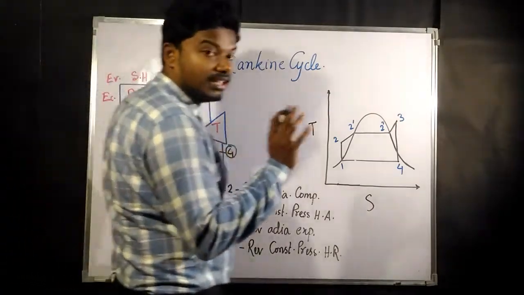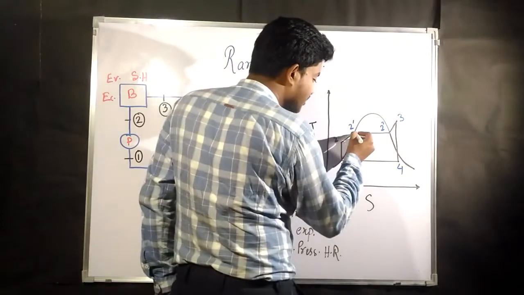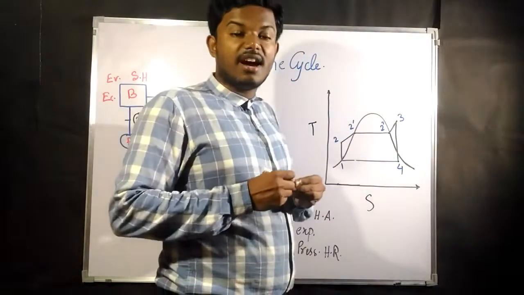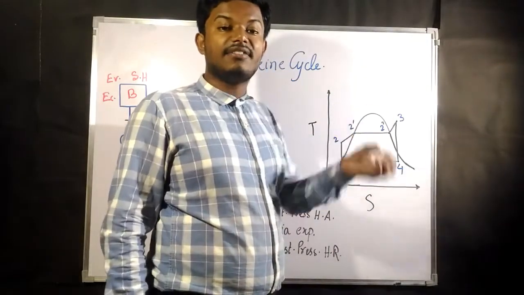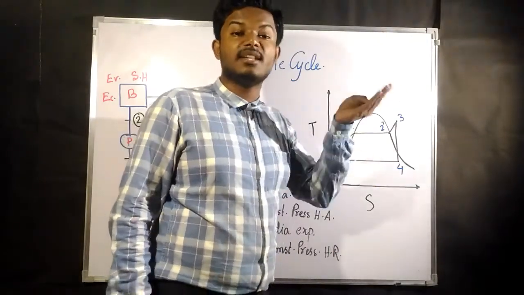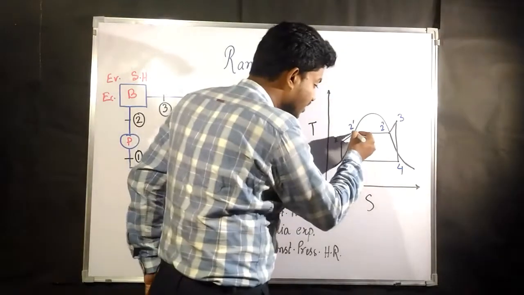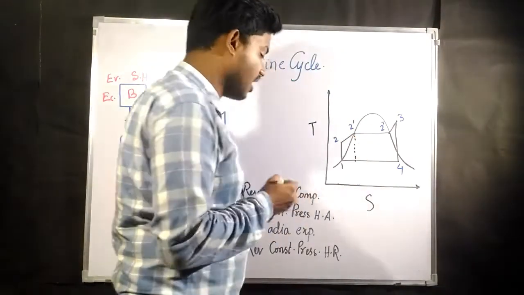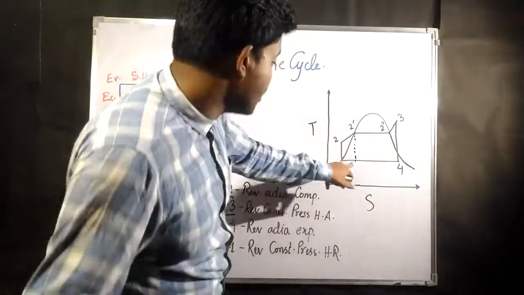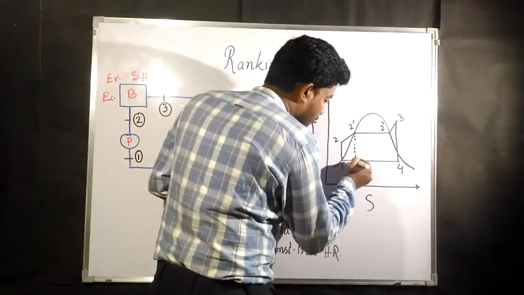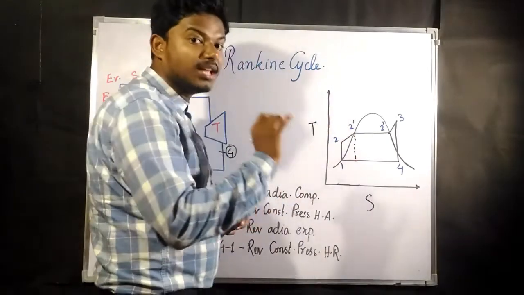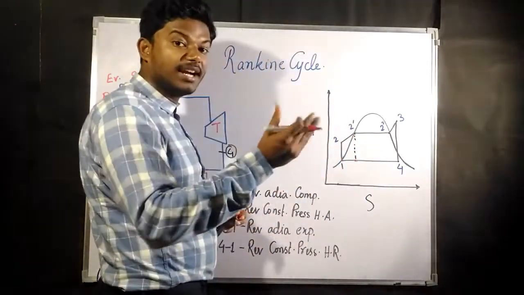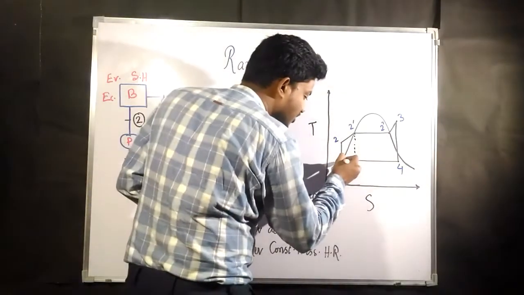Now in the Carnot cycle you have seen that this point goes from there to there. After increasing the pressure in the Carnot cycle, the end product from the condenser comes at this point, but the end product from the condenser of the Rankine cycle comes at this point.